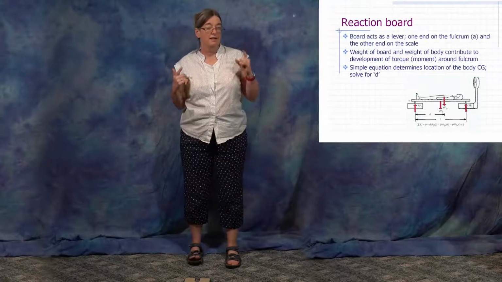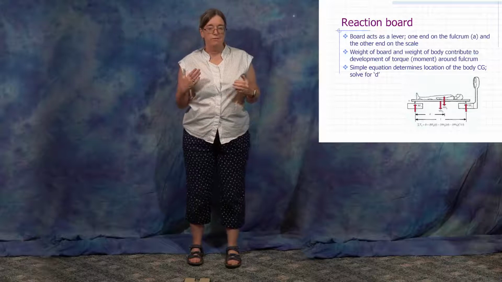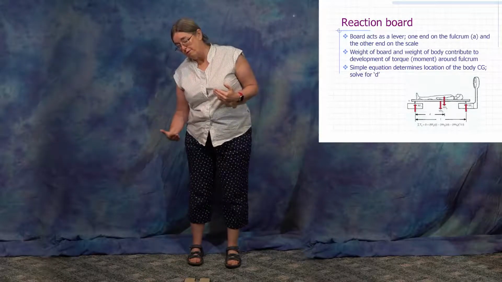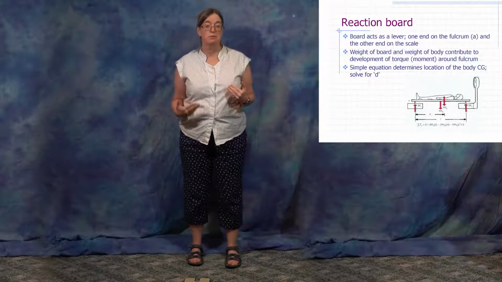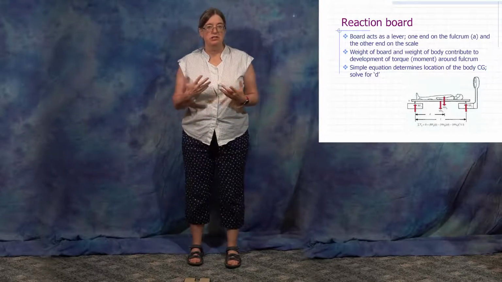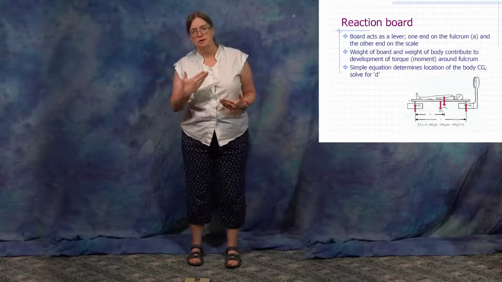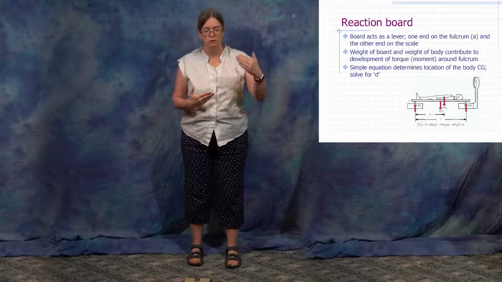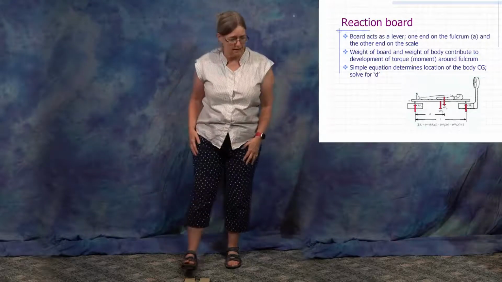And you have to make sure that you know where the fulcrum is with respect to, let's say, the bottom of their feet. There needs to be something standard that you're measuring between the fulcrum and a part of their body, so that you can then calculate where that part of the body is relative to the center of gravity.